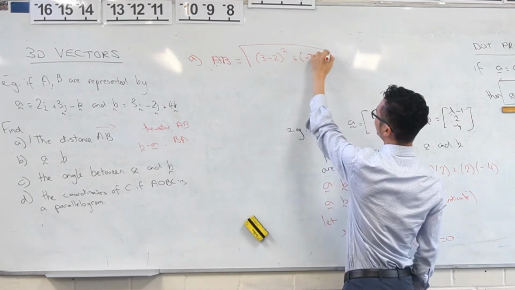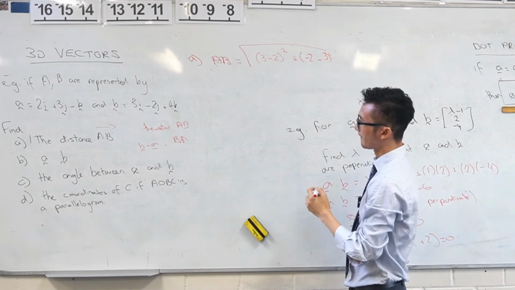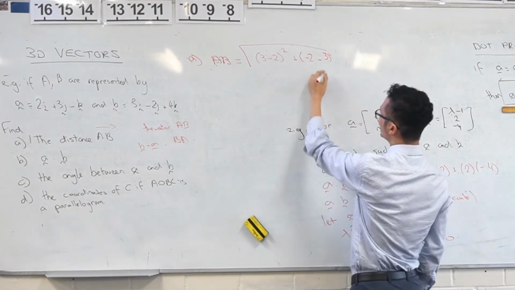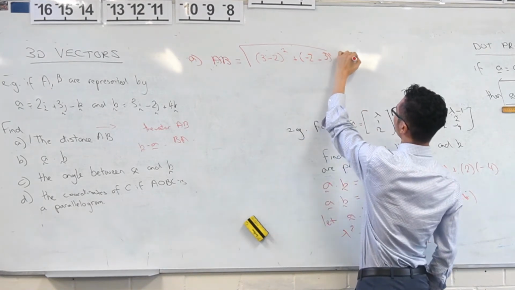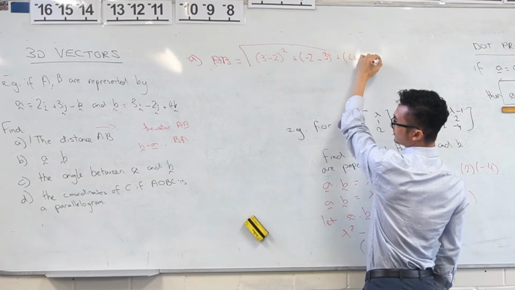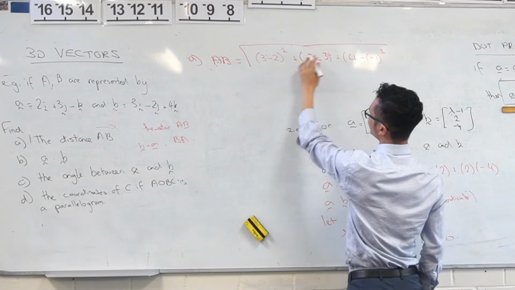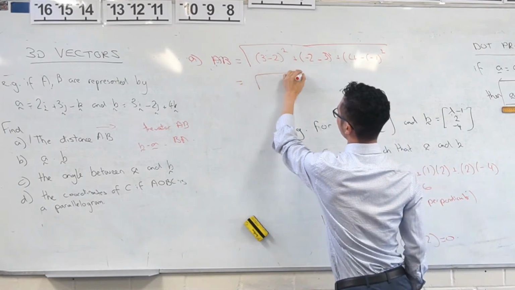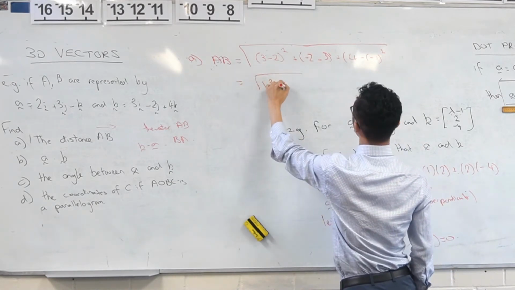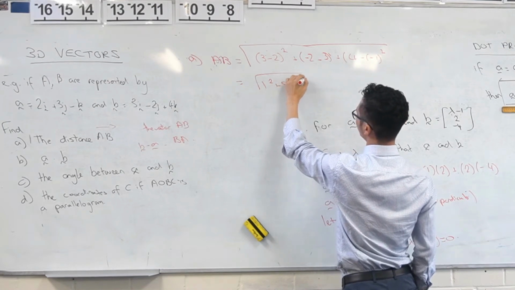Minus 3 all squared, and 4 minus negative 1. And what is that? 1 squared plus 5 squared plus 5 squared.